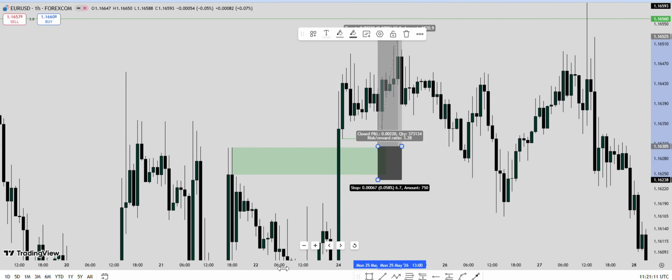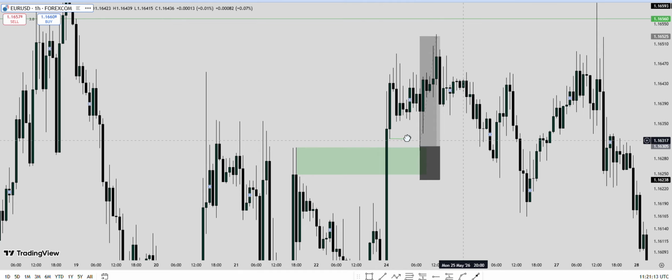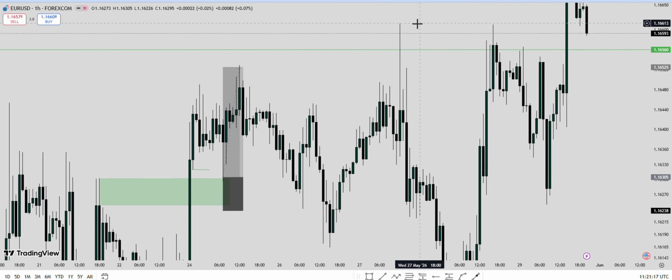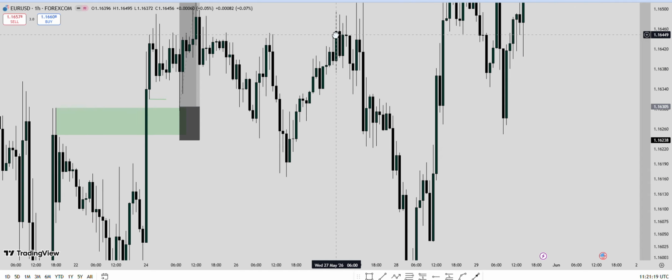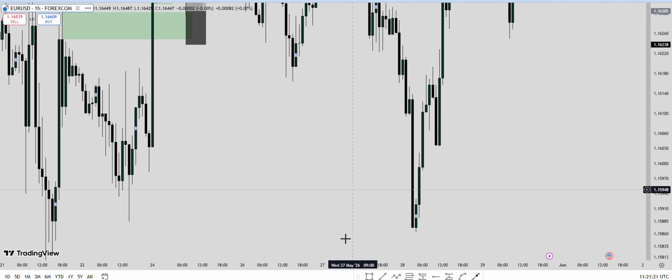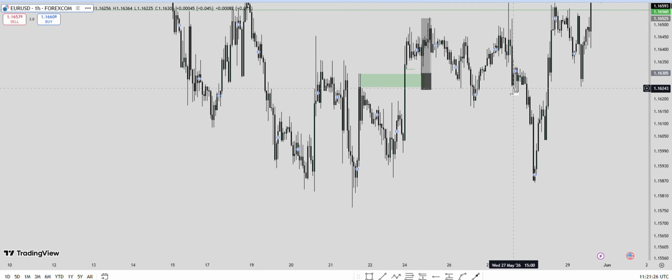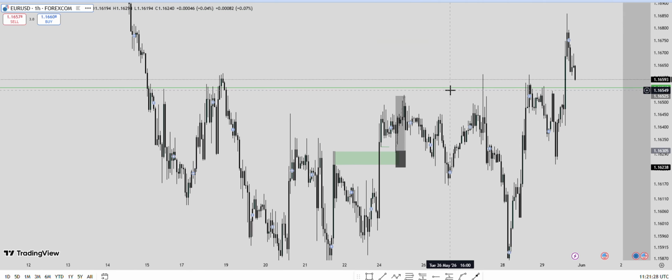This is actually a counter trade, and overall we are bearish, so I could have been looking for sells. This was where I was even planning to sell, but it wasn't clear to me, as you can see, from this particular level that I was waiting for, but price wasn't showing me anything.